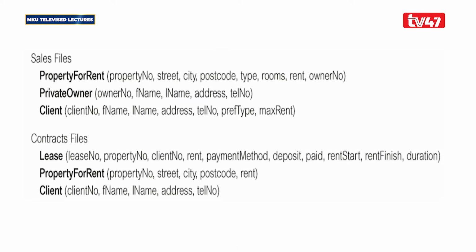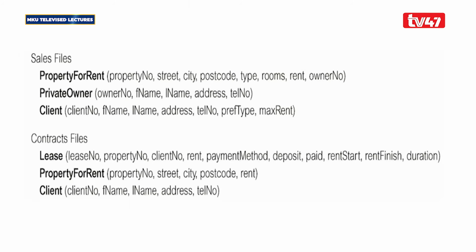If we are talking about a big organization, we can be talking about maybe 15 files, for example: sales, contracts, financial files, accounting files, human resource files, just to name a few. Some of these records will repeat across all the files, making our storage less and less, and making our files very big at the end of the day.